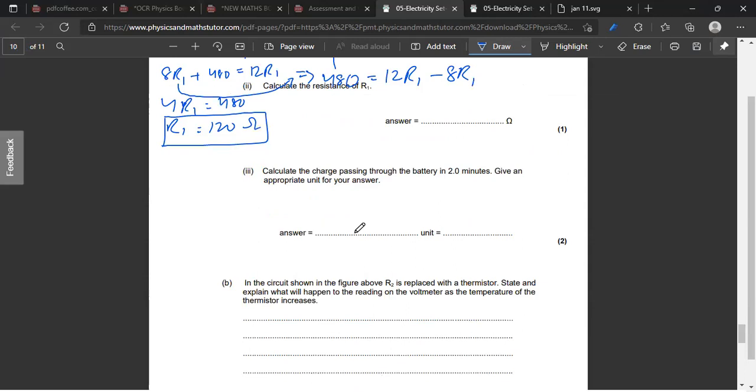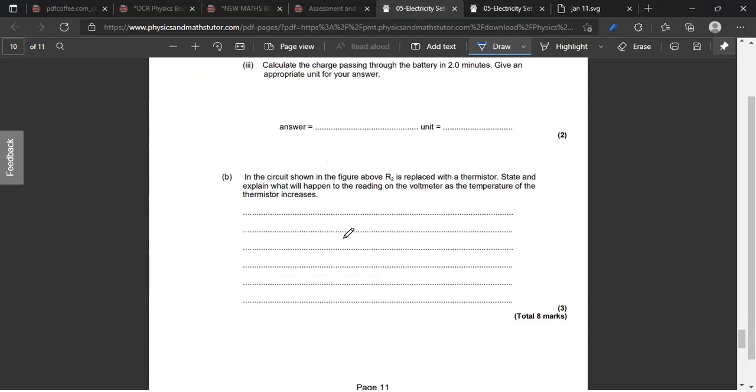Can I just check the last question, 6B? Sure. Okay, the resistance will decrease as the reading will increase.